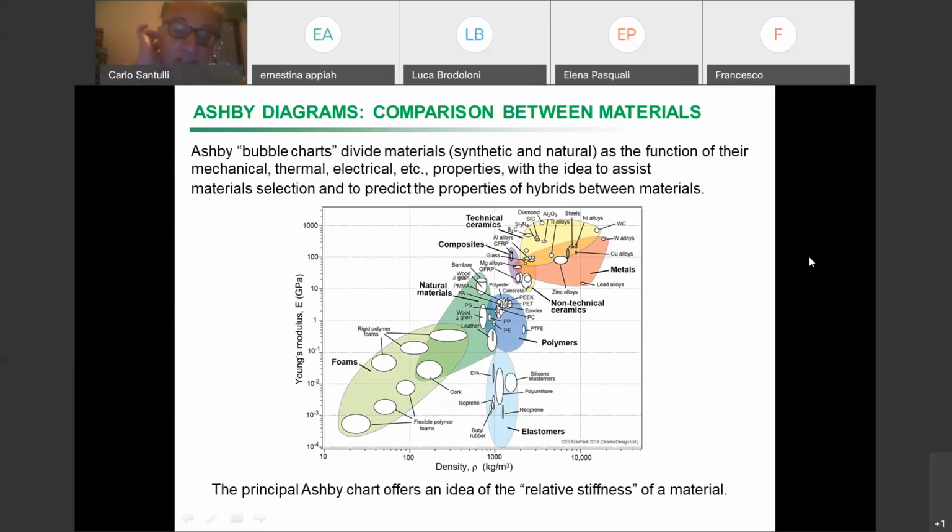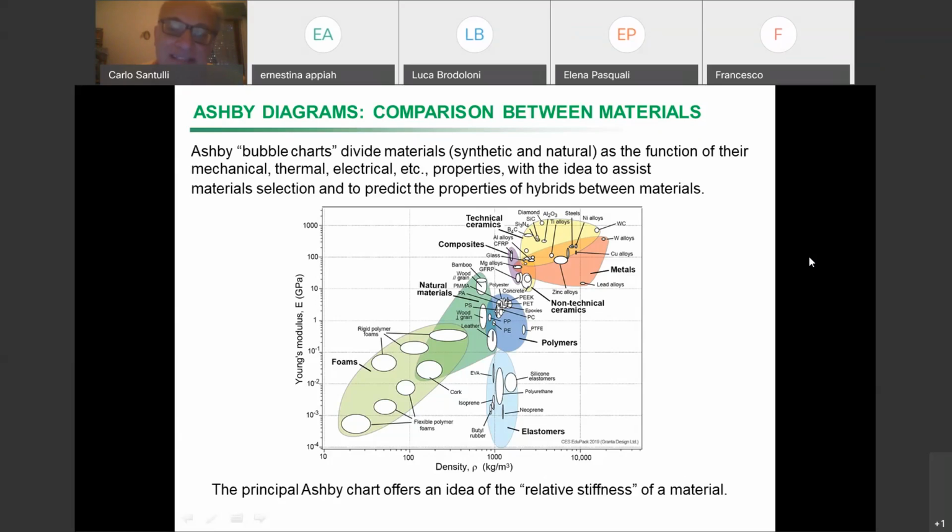Okay. So this is the main Ashby graph, which implies one important thing, that we are evaluating the relative stiffness. That means the stiffness with respect to density, with respect to weight. As a matter of fact, you can see that there is some relation between stiffness and density.